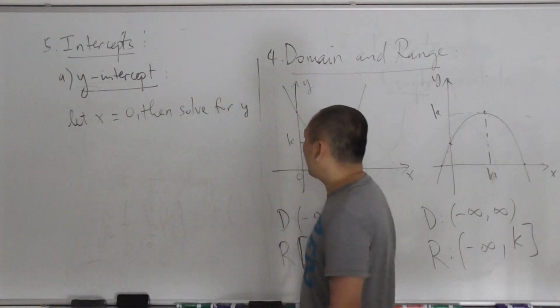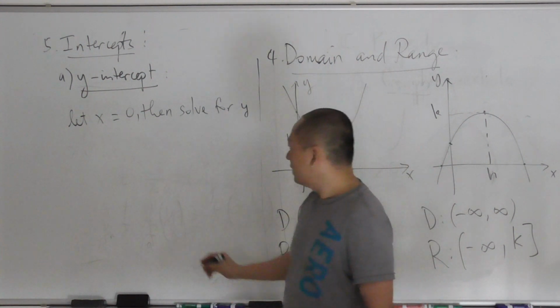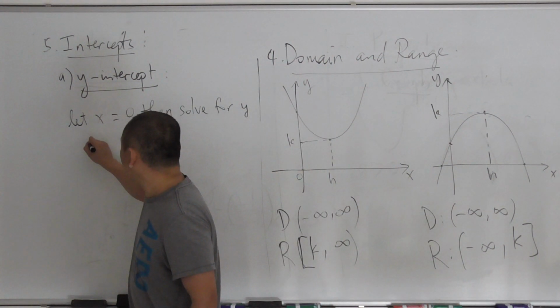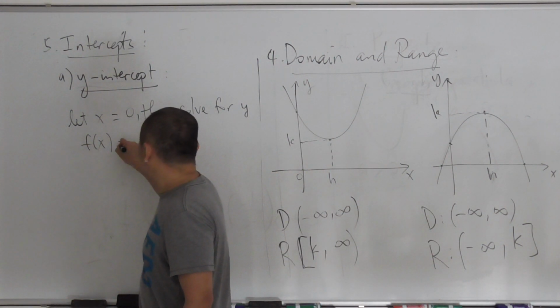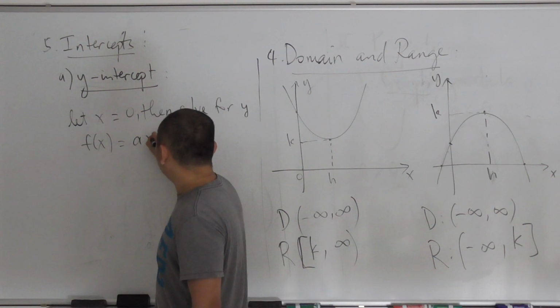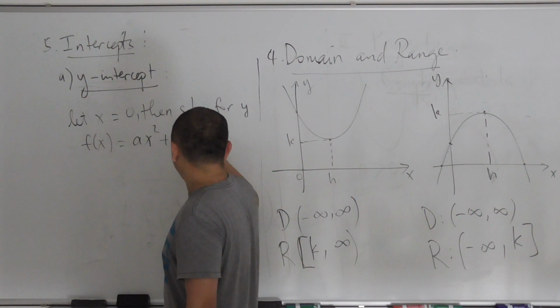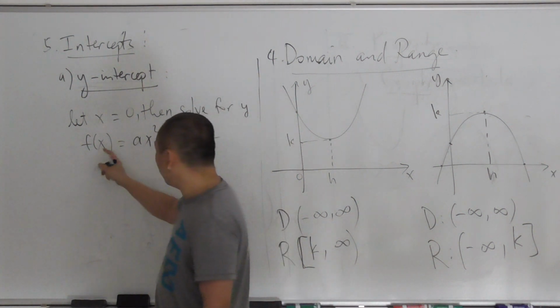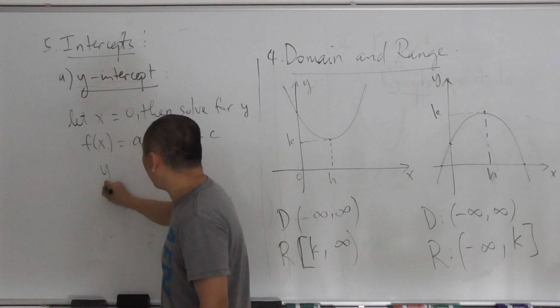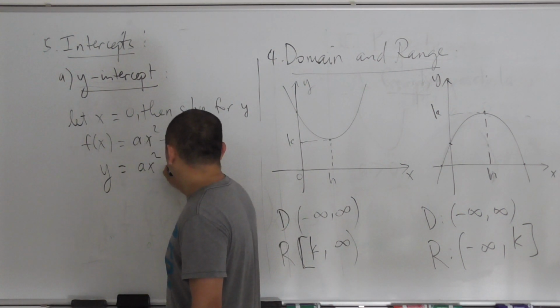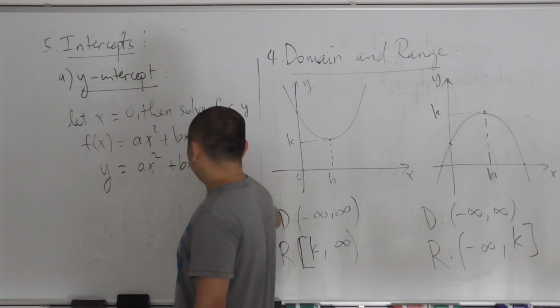By the way, y here means f of x. So if you have an equation like f of x equals ax squared plus bx plus c, let me write it this way, y equals ax squared plus bx plus c.